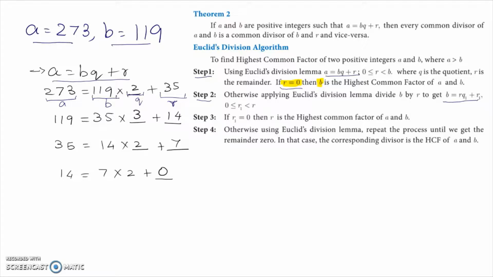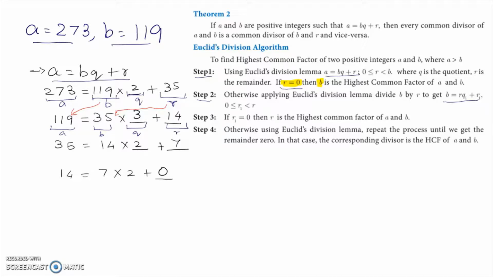Our B becomes the new A, and our R becomes the new B. So this is our new A, B, Q, R.